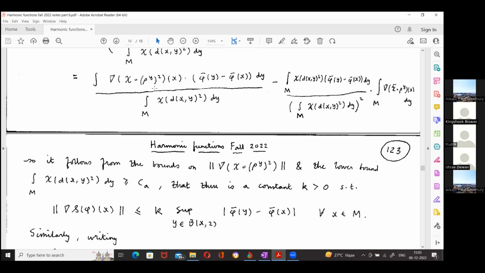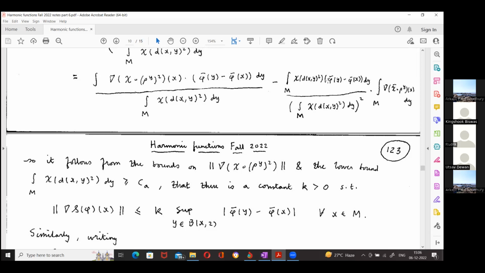Okay, because this norm of this gradient term is going to be bounded. This chi of d(x,y) squared is bounded. This norm of the gradient of chi bar composed with rho y is some bounded thing, right? And I'm integrating over a bounded ball, a ball of bounded radius. And this denominator is bounded below.